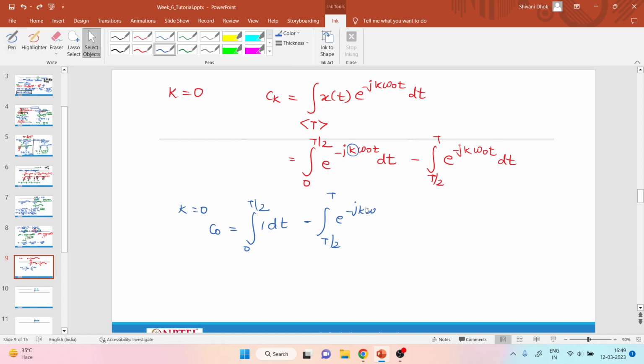With k equal to 0, this reduces to 1 dt. Now this first integral is t from 0 to T by 2, minus t from T by 2 to capital T.